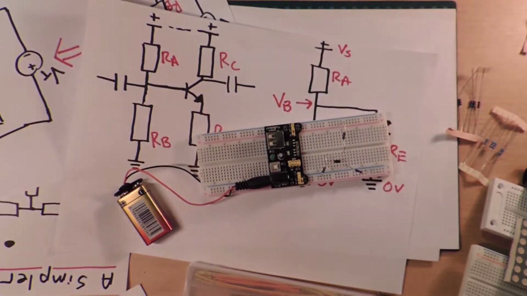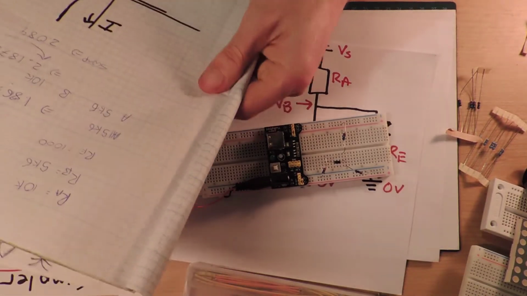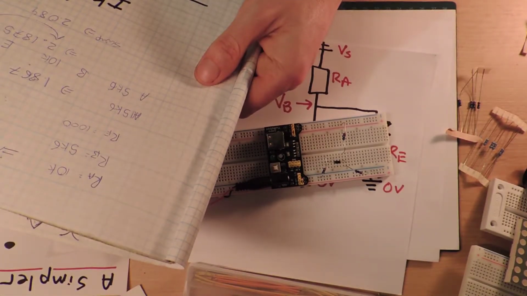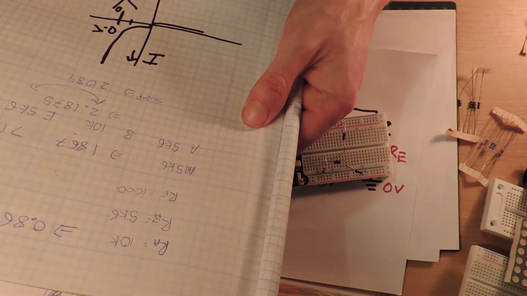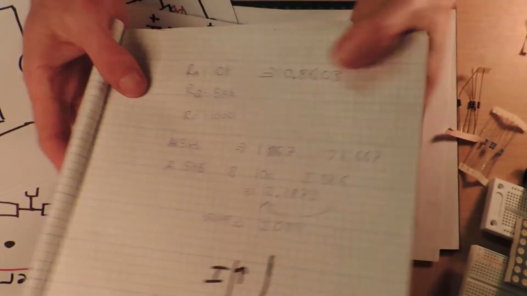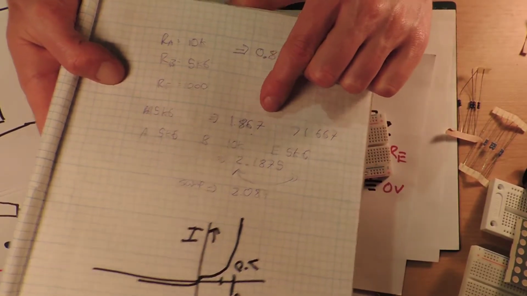According to my maths, when they're all the same and you have 5 volts, it should be like 1.867, which is pretty close.